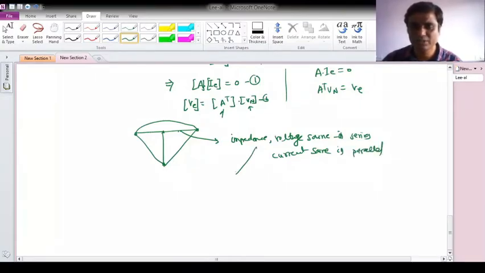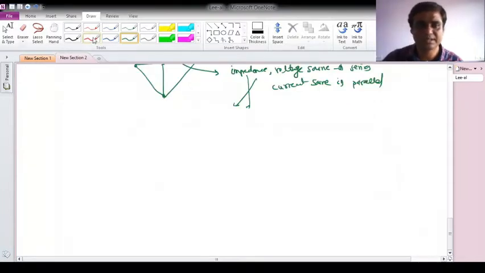So from that we can draw one conclusion, that whatever kth branch I take, that branch at most consists of impedance in series with voltage source and in parallel with current source. So let me draw that.